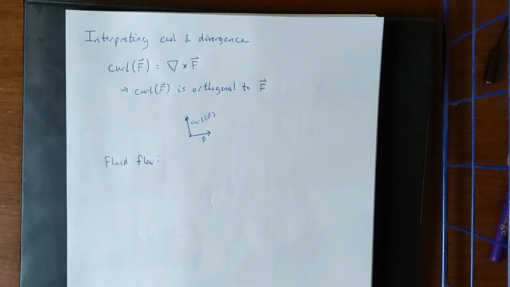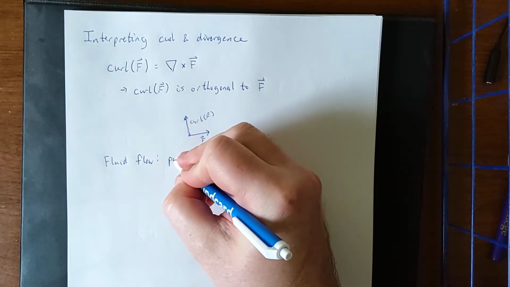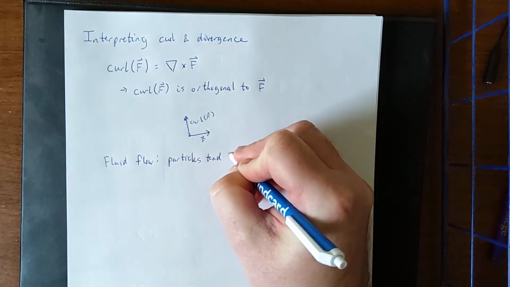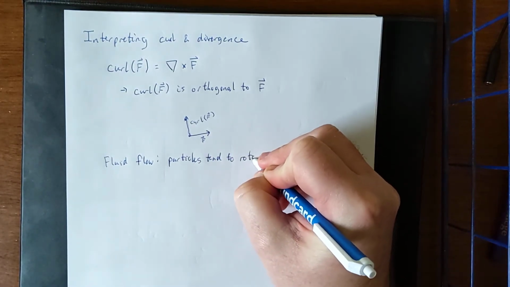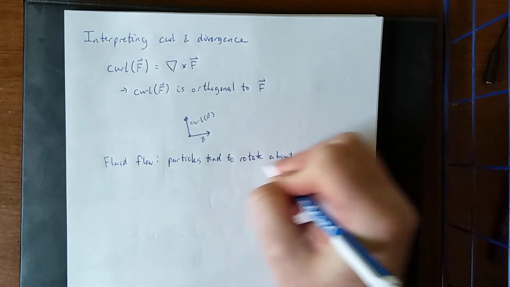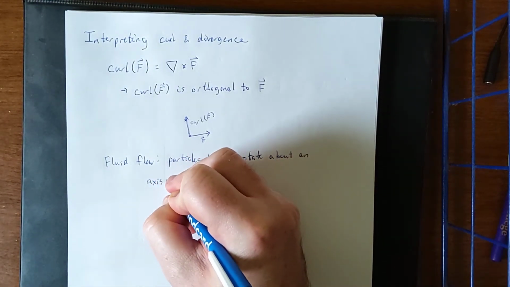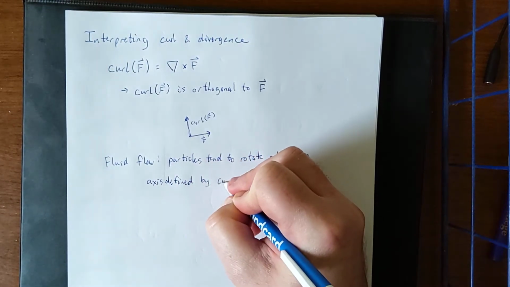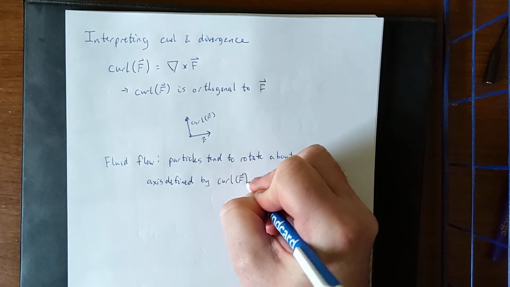So if you have a fluid that is flowing through a given vector field, particles tend to rotate about an axis defined by the curl of f.